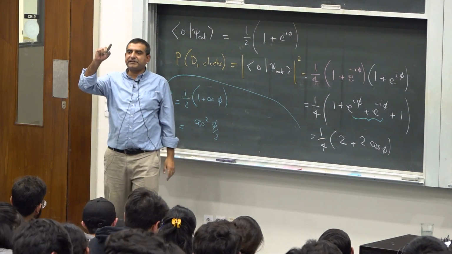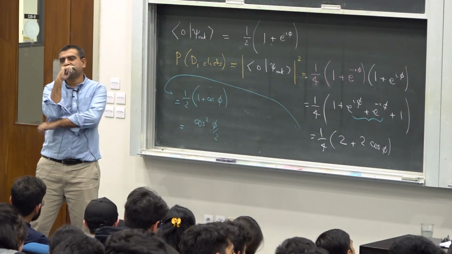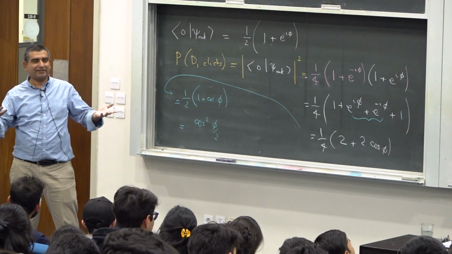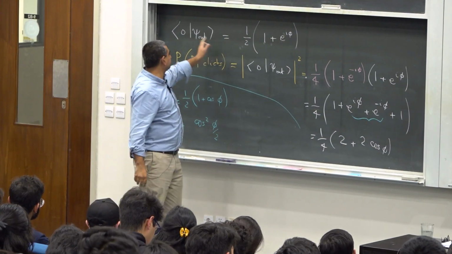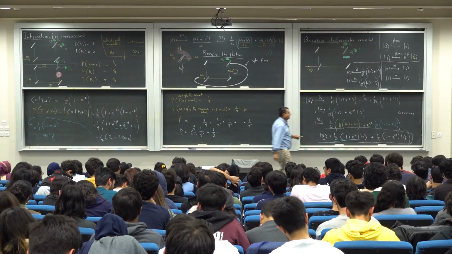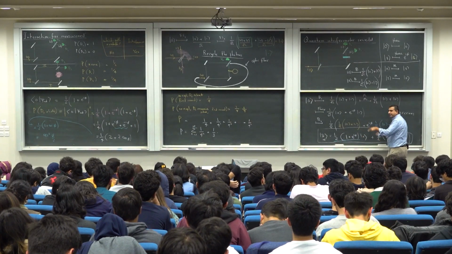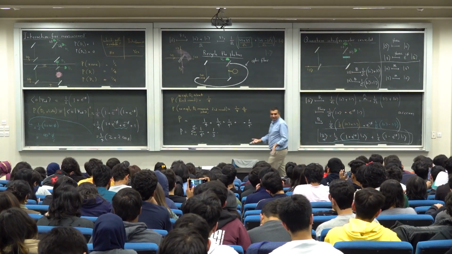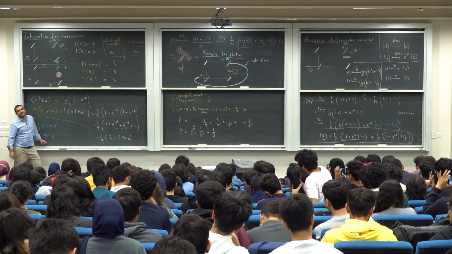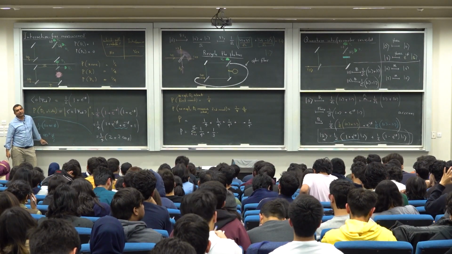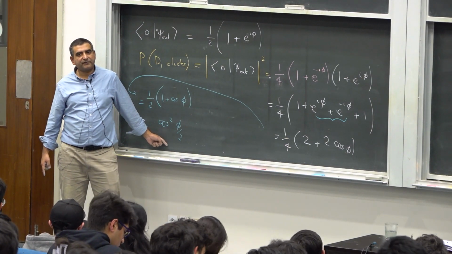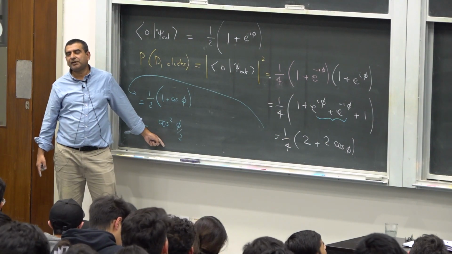So what's the probability that detector D2 clicks? You can do the entire calculation. Once again, replacing psi out and finding the overlap with ket 1, which is going to be all of this term here, and then take the modulus square. You'll get something. In fact, that something will be 1 minus this, sine square phi/2. So now after a 10-minute break, we're going to graphically plot and make sense of all of these results. So let's have a 10-minute break.